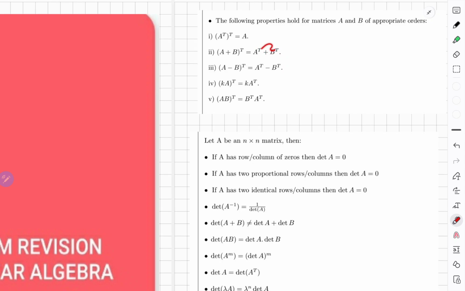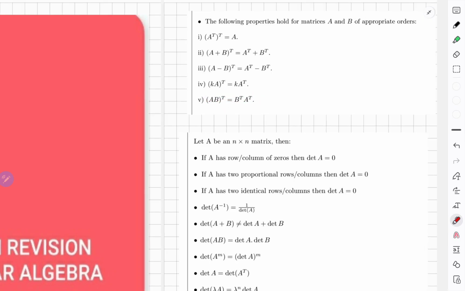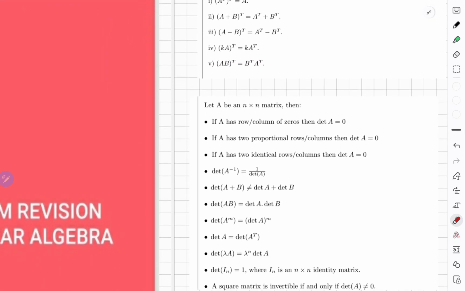It is in fact the transpose of A plus the transpose of B, and so with the difference. And what you're also going to use later, the constant scalar times A, transpose is just scalar times A transpose. Then very important, (AB) transpose is B transpose A transpose. I also want you to study for the exams. It could come up in your exam on linear spaces as well.